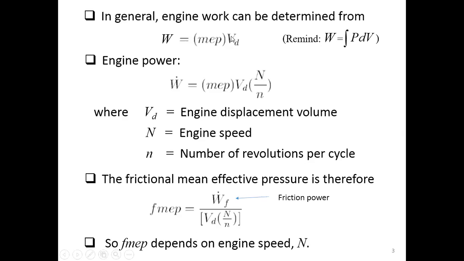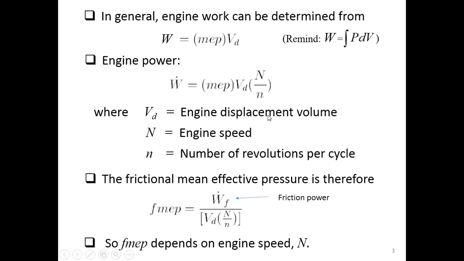This is in general. The power from the engine can be found from multiplying the work with the engine speed divided by the number of crank revolutions.